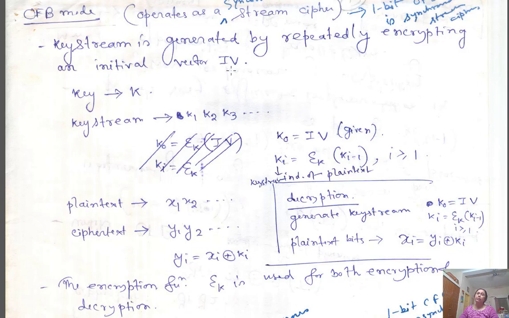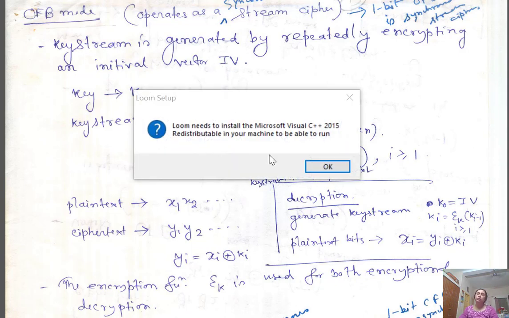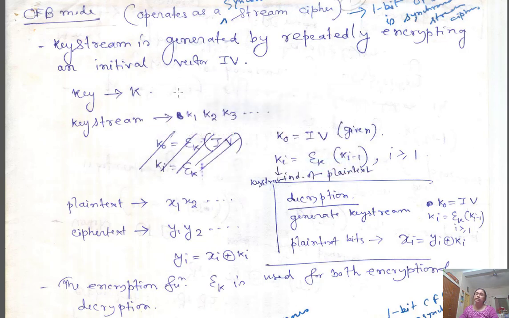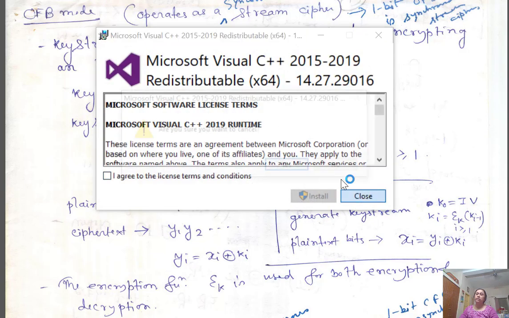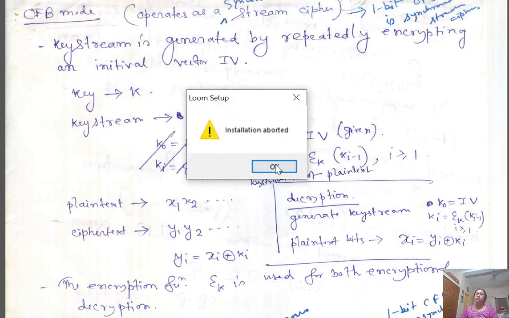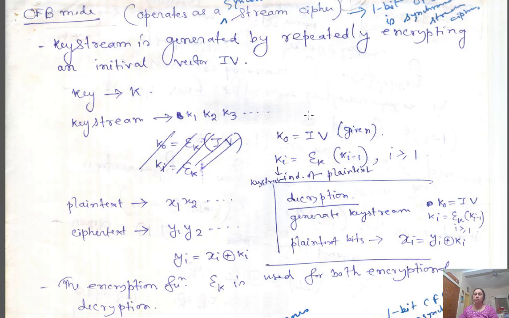If every time you choose the same IV, what problem will you face? Think about that. Should the IV be chosen randomly every time, or should it be fixed always? If it is fixed always, what type of problem may we face? If you generate it randomly, how do you generate the IV randomly? Think about those things.